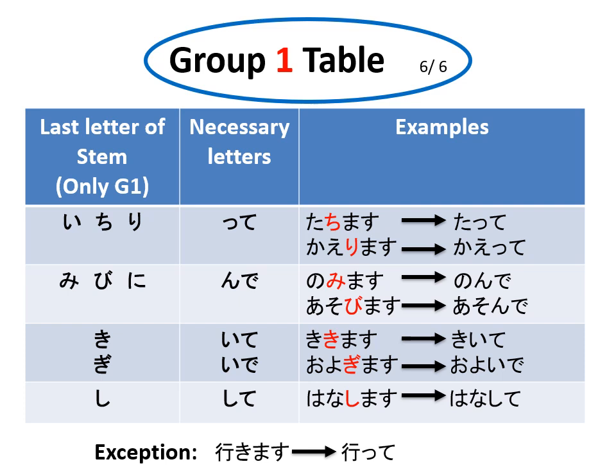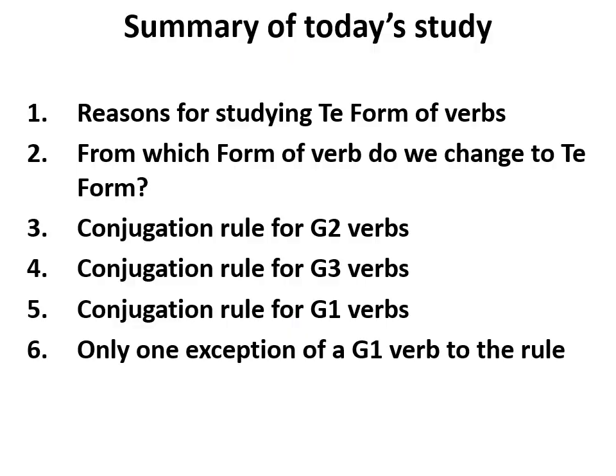Okay, now let's recap what we have studied. We've gone through the reasons for studying te form. Secondly, which verb form we have to change to make te form, which was not plain form, but masu form.